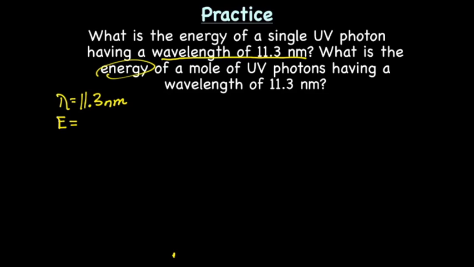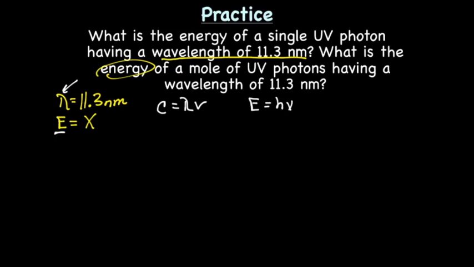Energy equals, I don't know. All right. Let's think about what equations we know. An equation that has wavelength in it is c, or speed of light, equals wavelength times frequency. I also know an equation that has E, or energy, in it, which is energy equals Planck's constant times frequency.